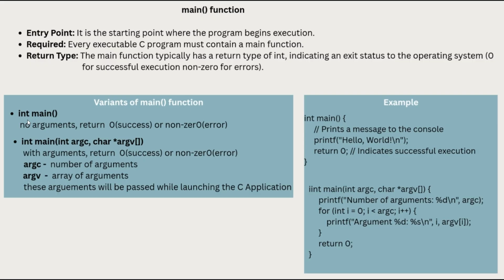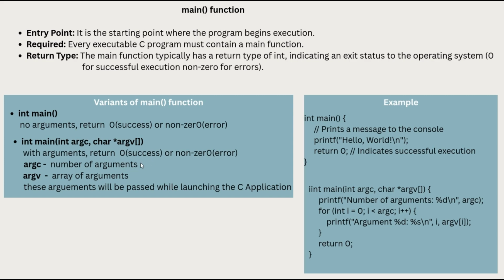So you can have an int main with no arguments. You can also pass arguments, like int argc, which tells how many arguments you are passing, and an array of the arguments. We will discuss in later lectures how to do this.